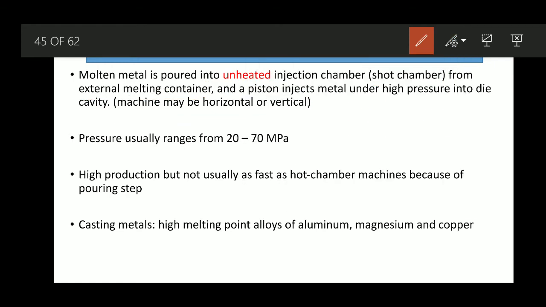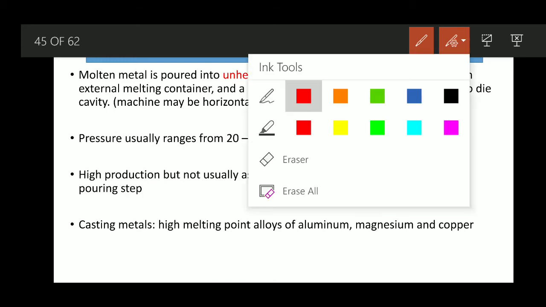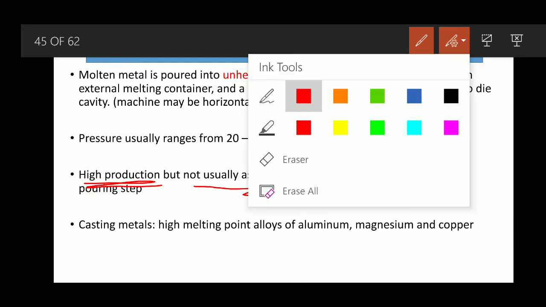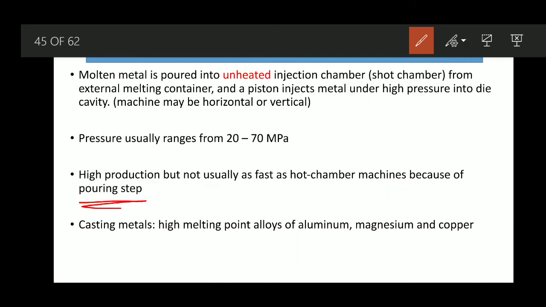It is of high production, but generally not as fast as hot chamber machines. The high production rate is there, but not as fast as hot chamber machines. Why? Because a pouring step is involved.